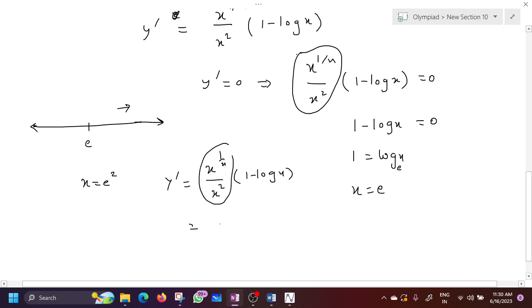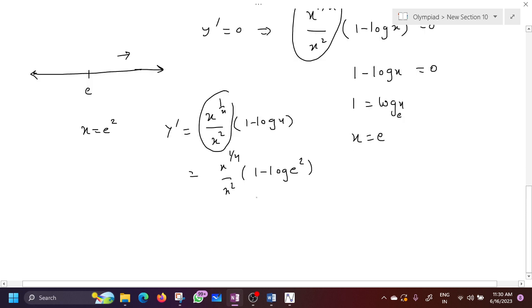Now you have x to the 1 by x over x square, and you have 1 minus log e square. Now 1 minus log e square is 1 minus 2. So this whole thing will become negative, less than 0. So on the right hand side of e, y dash is negative. And if y dash is negative, then the function is decreasing.